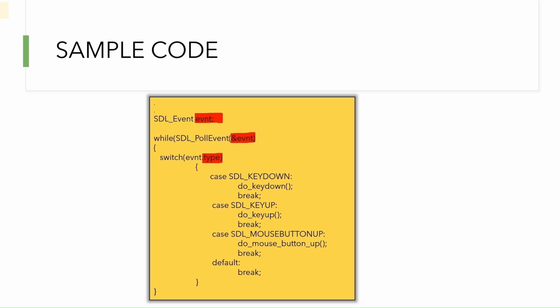Depending on the event that is reported, we send control to do key down, do key up, or do mouse button up. All these functions are programmer defined.